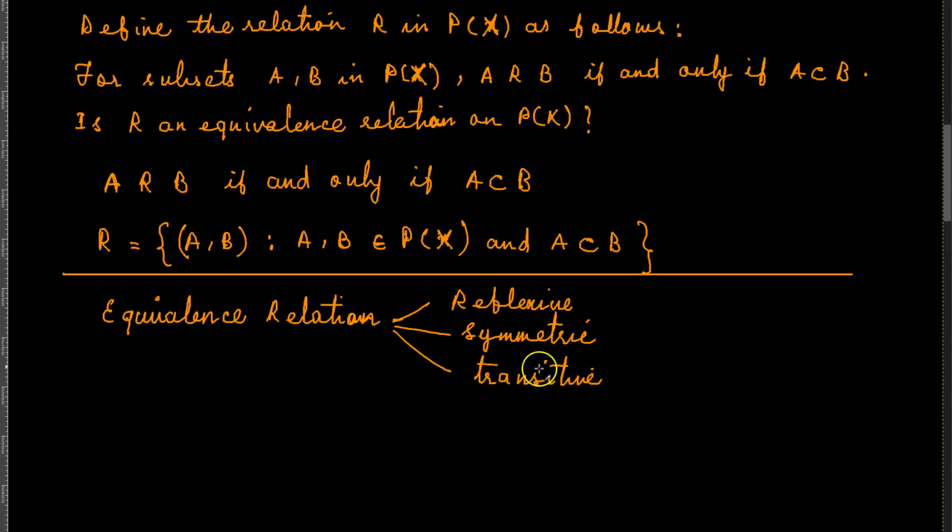Meaning that if you can show that R is reflexive, symmetric, and transitive, then that means that R is an equivalence relation.